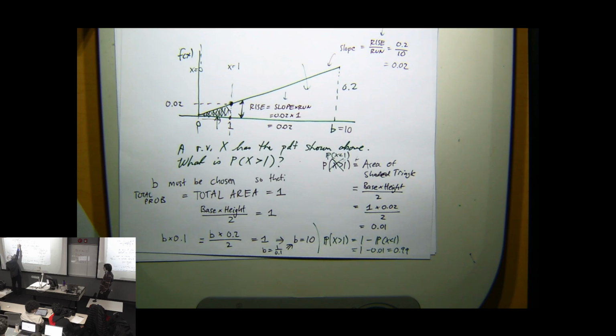So that's 1, that's 0.02, and half of that, when you multiply those two together, gives you 0.01. You got the area of that little triangle, and subtract that from 1, and you've solved your question. And you're very happy at that point. When you say you're very happy at that point, I'm 99% sure you're quite happy to be done the problem.